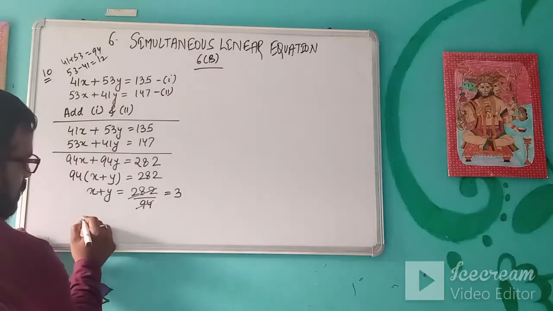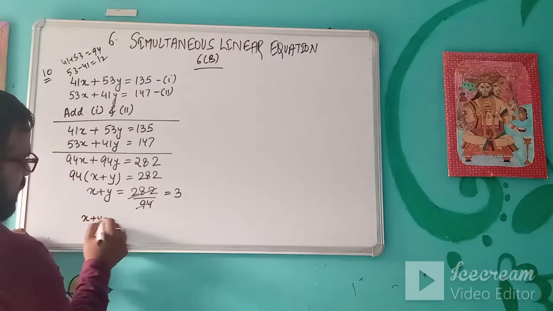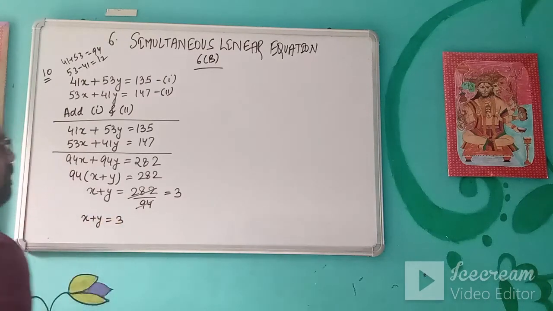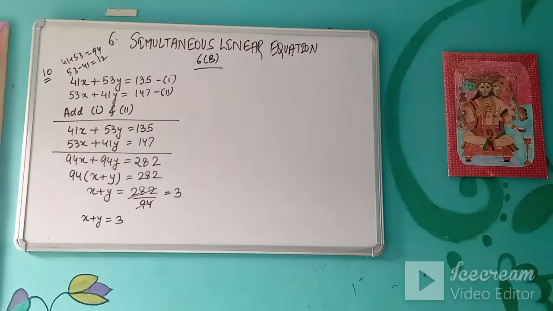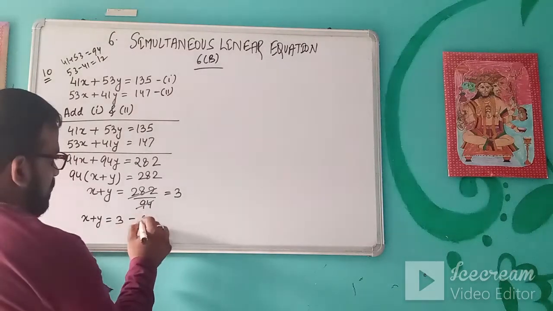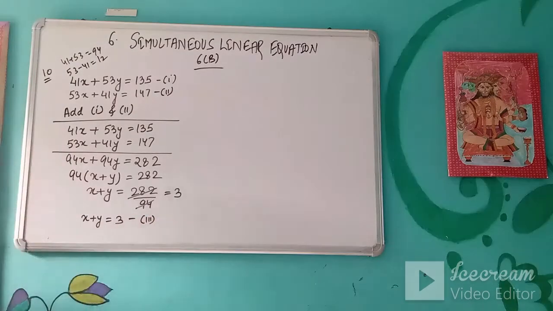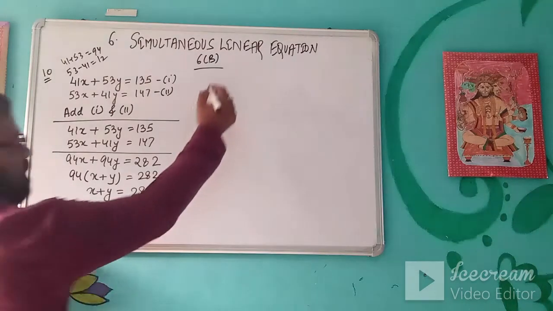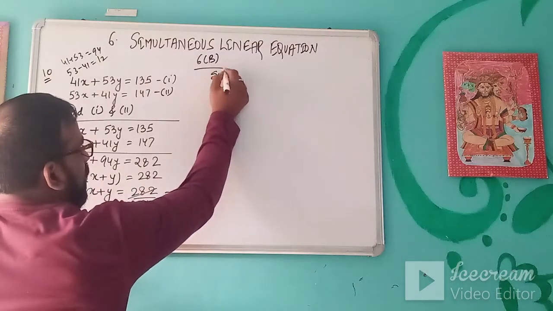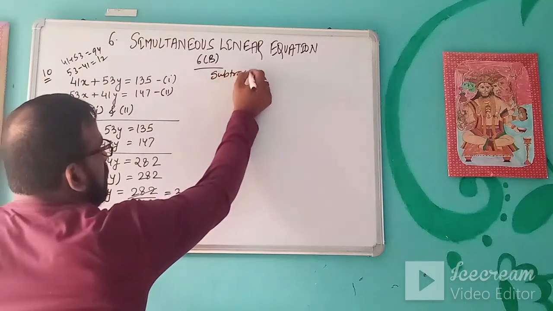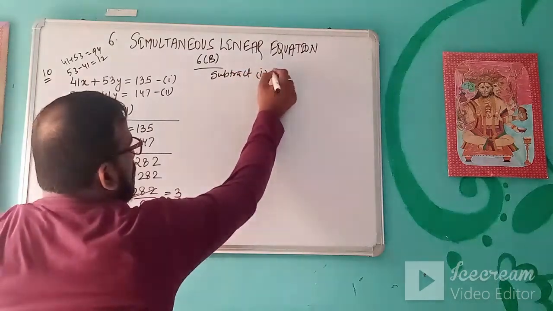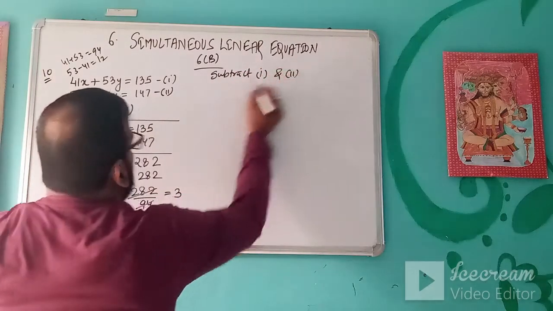So what is the equation finally I am having? x plus y is equals to 3. Let this be our third equation. In the second step, I will subtract 1 and 2.